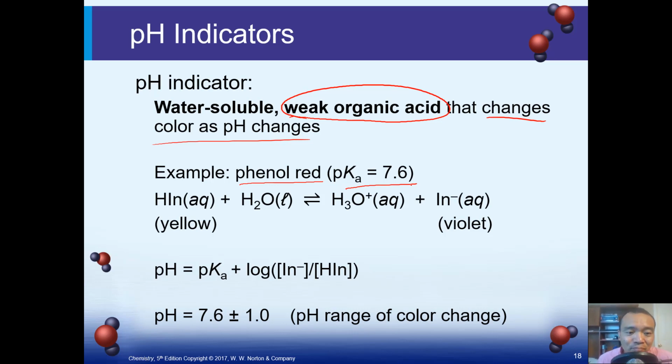The color change will happen when the pH changes from 7.6 minus 1 to 7.6 plus 1, or like 1 to 2 units difference.